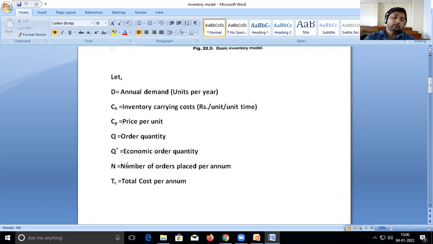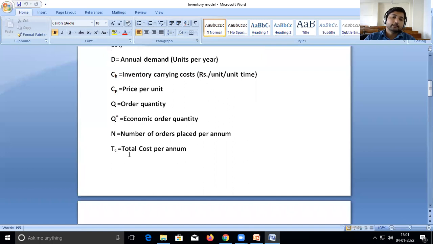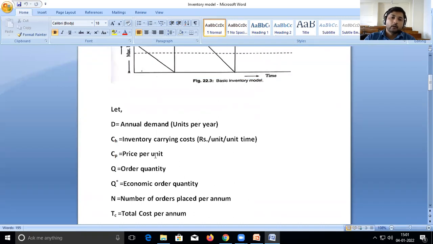Then N is nothing but the number of orders placed per annum, how many orders you have sent in a year. And T suffix C will be considered as the total cost per annum. These nomenclature we require to derive our model to determine the economical order quantity.